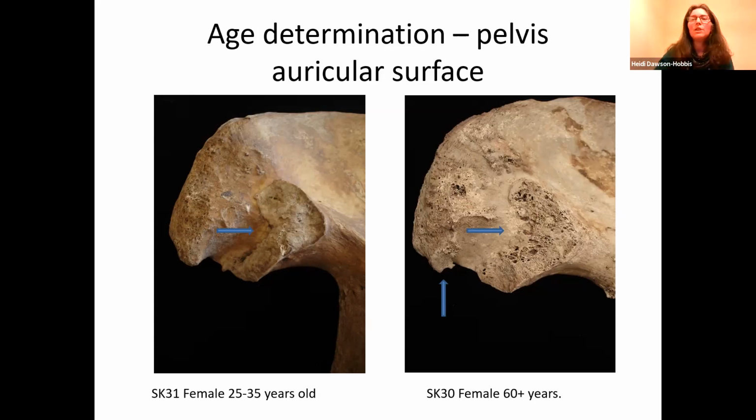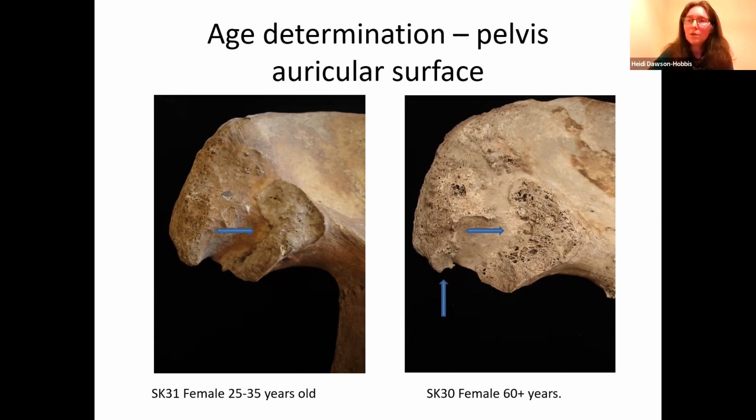As I've mentioned, it's not as easy to give a specific age to adults. So we tend to place them within age range categories to try and be certain that we're getting them into the correct category. There's a couple of areas on the pelvis we can use. We can also use the joints in the skull. The skull has lots of suture joints where all the different bones come together.